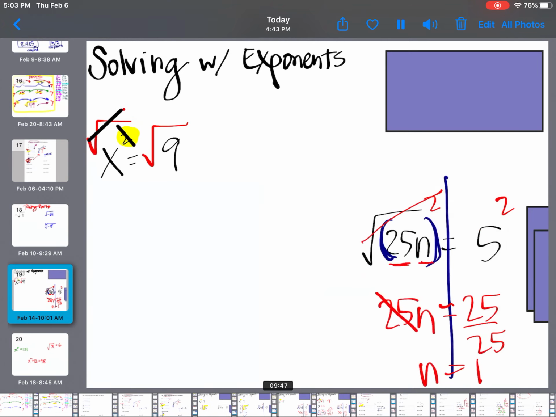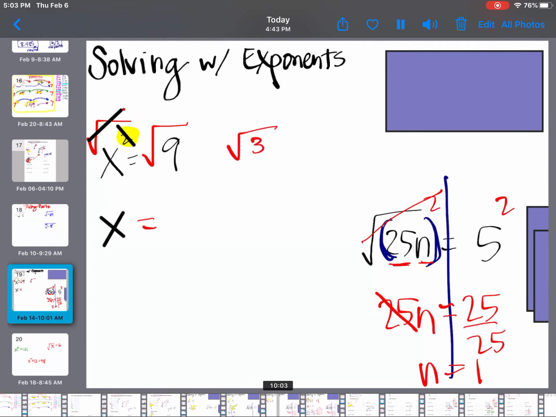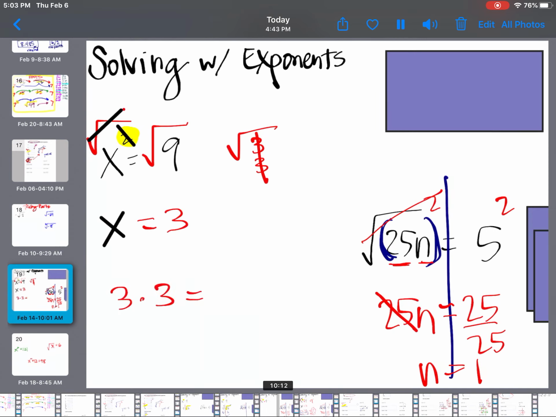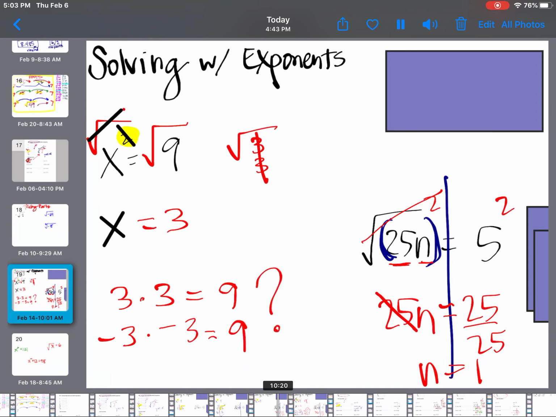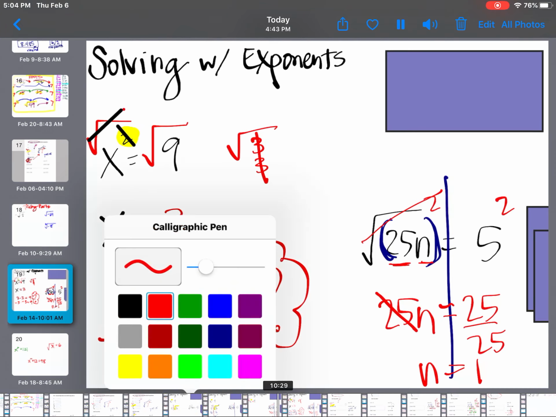Those two things cancel out, leaving me with x equals the square root of 9, which is 3. Because 3 times 3 equals 9, but if you notice, negative 3 times negative 3 is what? We know it equals 9 as well. So which of these answers is it?